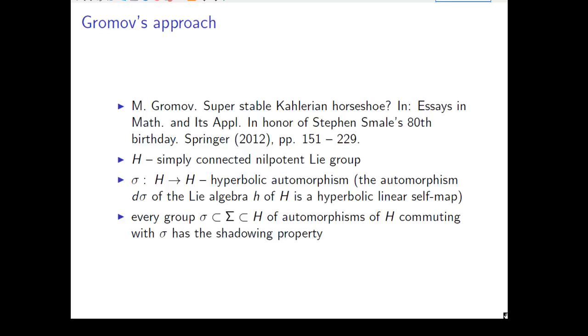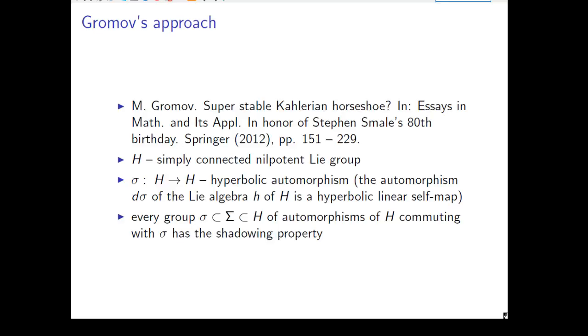It's easier for him, and that's what he needed to work with Lie groups. So H is a simply connected nilpotent Lie group, and there is a hyperbolic automorphism, sigma. For a Lie group, it's a standard definition.